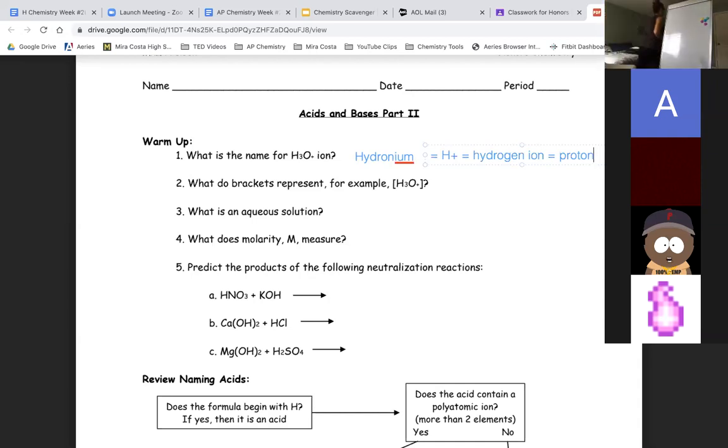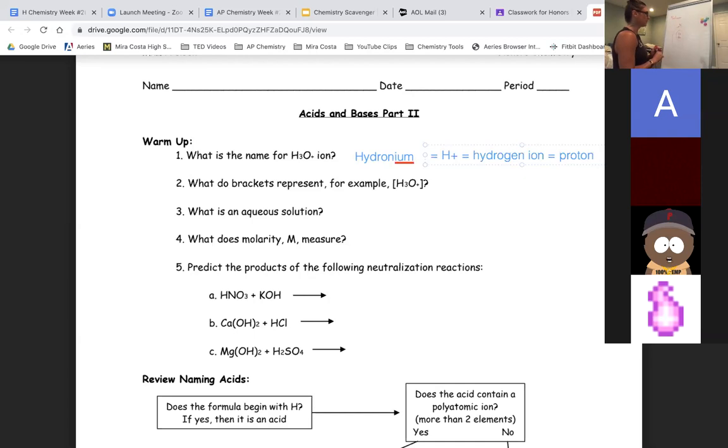I'm trying to get the glare off. Hopefully that's a little better to see. Okay, so 3 different isotopes of hydrogen, protium, deuterium, and tritium. By far the most abundant type of hydrogen is protium. Okay, and protium is 1 proton because it's hydrogen. It has 0 neutrons in the nucleus, and then it has 1 electron on the outside, okay?